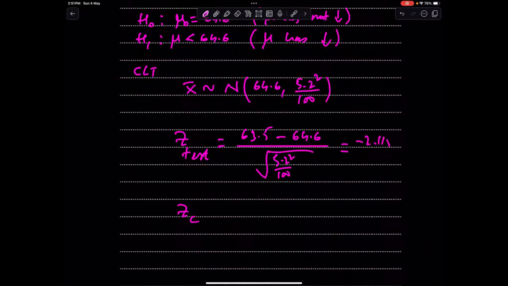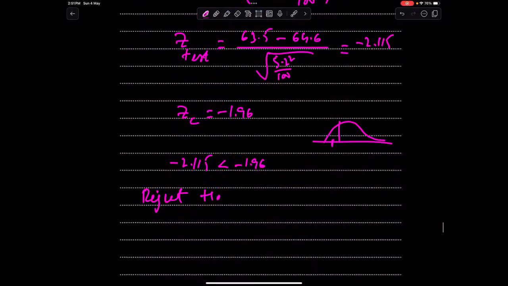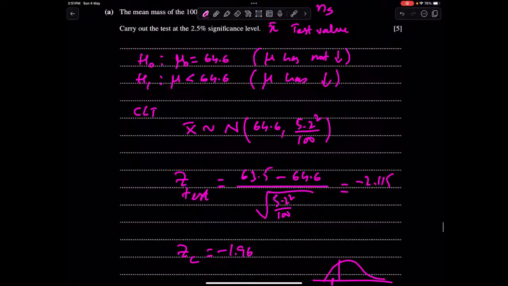Minus 2.115 is less than minus 1.96. It lies in the critical region. So reject H naught. Evidence that mu has decreased. We rejected H naught, that means we accepted H1, and that means mu has decreased.